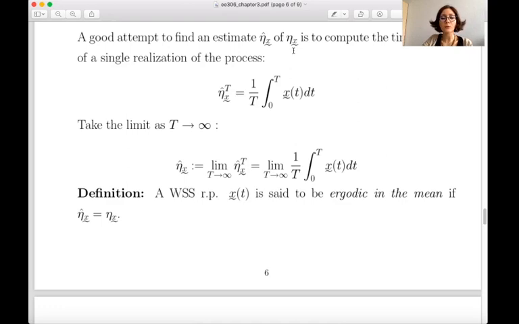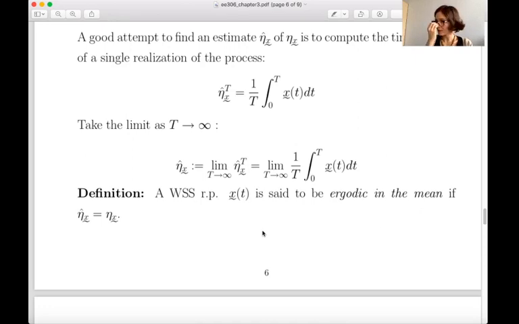But for some other random processes, this estimate will not be a true estimate, so it will not converge to the actual mean value. Random processes where this estimate is a good estimate, converging to the actual expectation, we give a special name. We say that such random processes are ergodic in the mean.